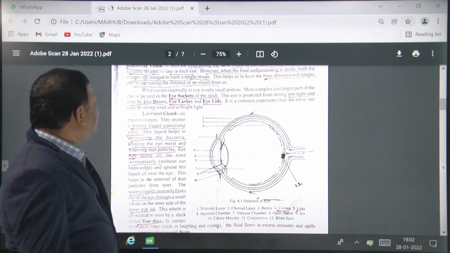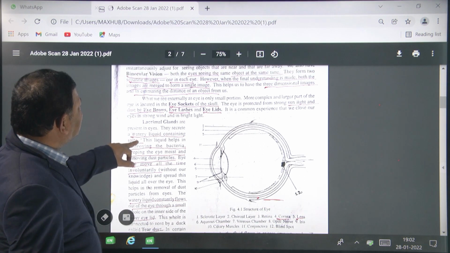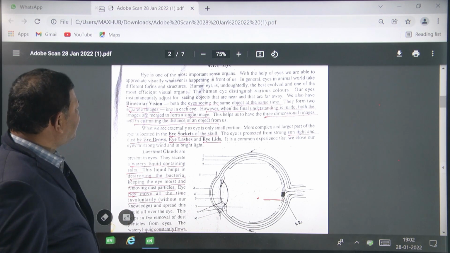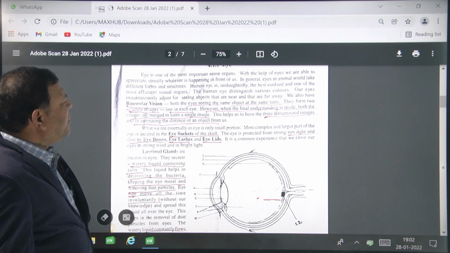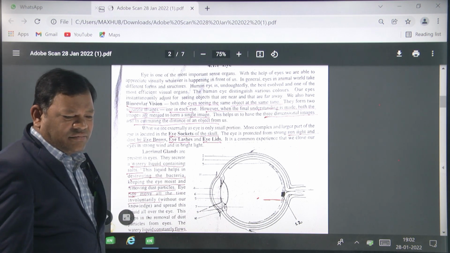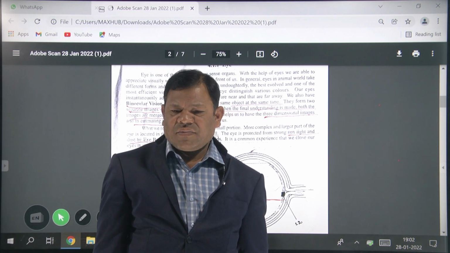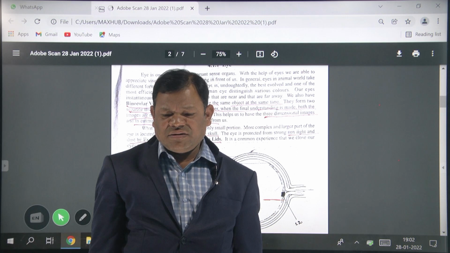Now okay, is it okay? Shall we start the discussion? Now see, the eye is one of the most important sense organs. Is this important or not? If there is no eye, we cannot see this beautiful world.